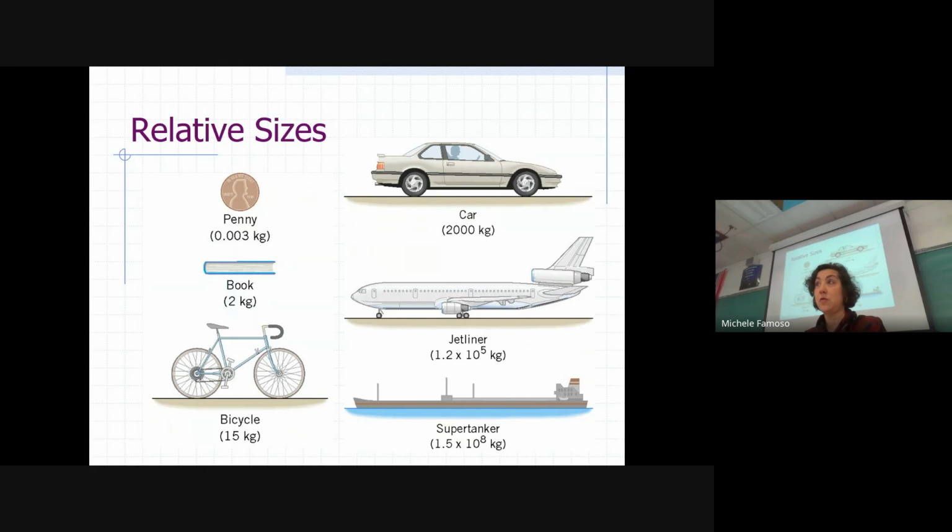Have you heard of a ton before? A ton is a car. That's 2,000 kilograms. A 747 jetliner is about 120,000 kilograms. And if we're talking about a super tanker, which goes across like the Atlantic Ocean, these are filled with all kinds of cargo bins. 150 million kilograms.